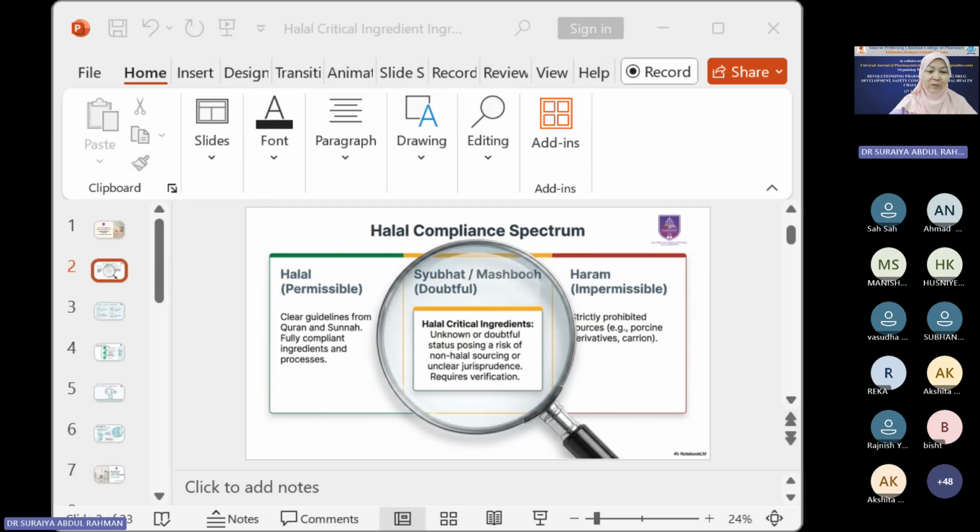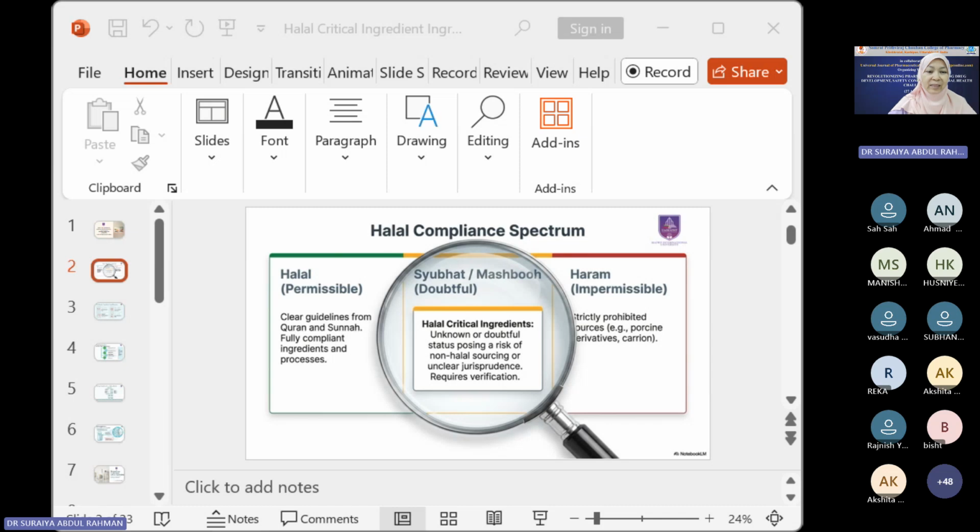As background information, I provide some definitions here. What is halal? Halal means permissible. It is a clear guideline from Islamic Sharia law according to the Quran and Sunnah. Halal means any ingredient which is permissible because it complies with the Quran and Sunnah requirements. The opposite is haram, which means impermissible, strictly prohibited, for example porcine, carrion, or canine and their derivatives, which are strictly prohibited under the Quran and Sunnah Sharia law.